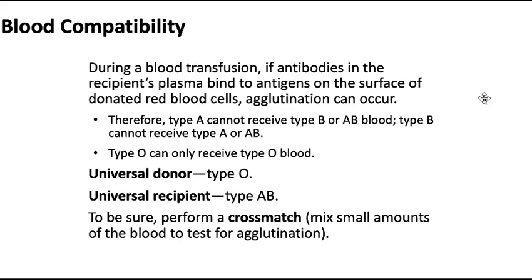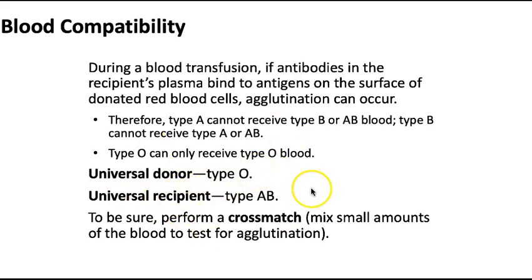So during blood transfusions, if antibodies in the recipient's plasma bind to antigens on the surface of a donated red blood cell, agglutination can occur. So type A can't receive type B blood or AB blood. Type B blood can't receive type A or AB blood, and type O can only receive blood type O. So we think of O as being a universal donor since type O blood does not have any antigens on its surface for a different body to attack.